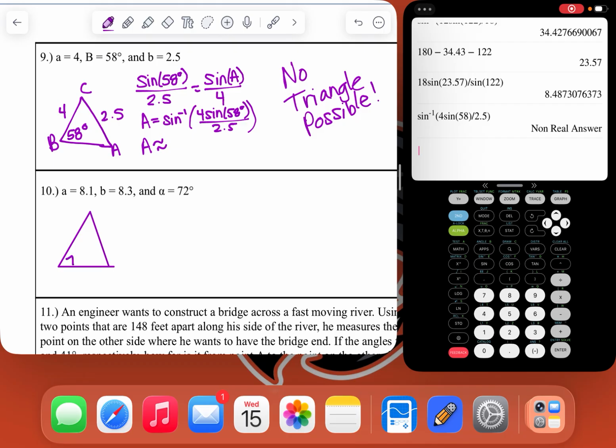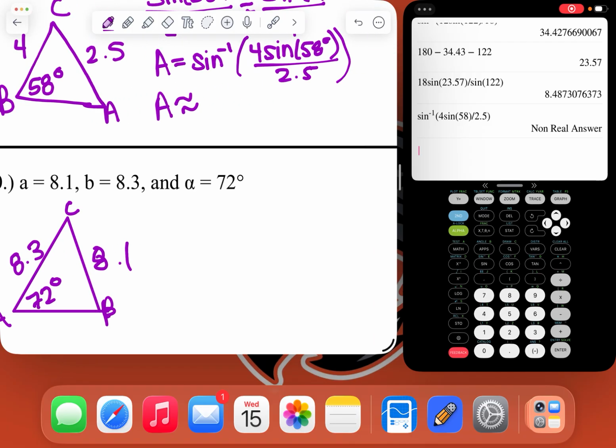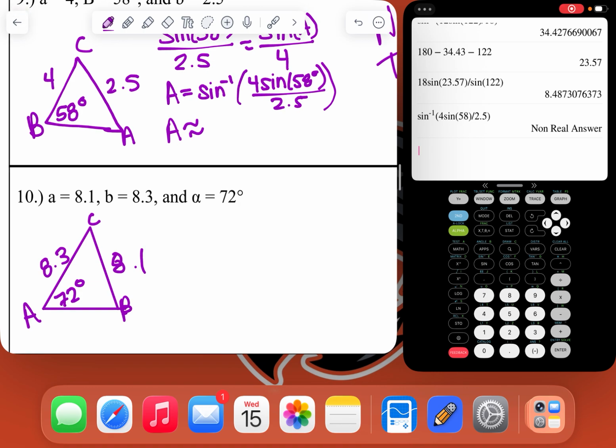So we've got 72 degrees down here for alpha. And then the side across from that is 8.1. And then this is 8.3. And so here's B. And here's C. So we do think 2 triangles because this is smaller than this.